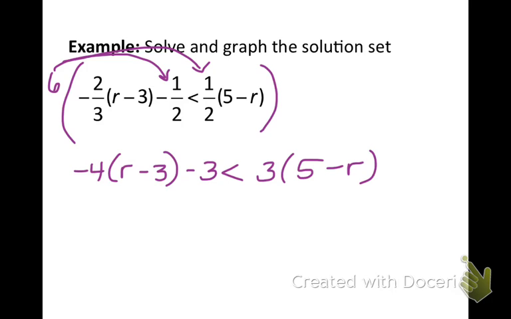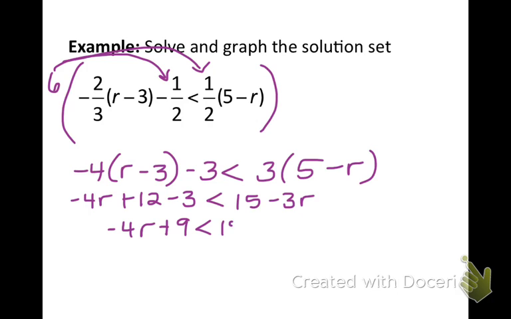All right, let's keep going. Distribute property. -4r plus 12 minus 3 less than 15 minus 3r. Combine your like terms. -4r plus 9, less than 15 minus 3r. All right, what would you guys do?